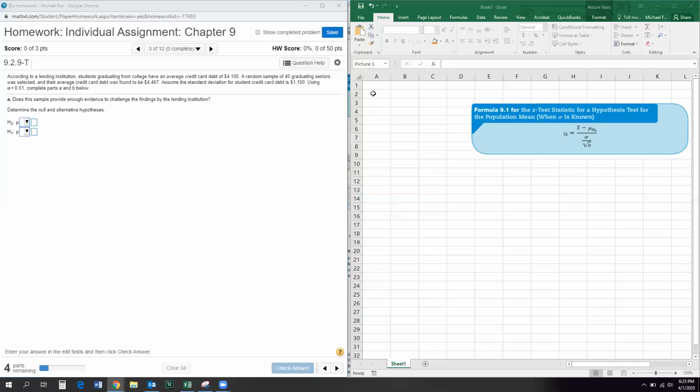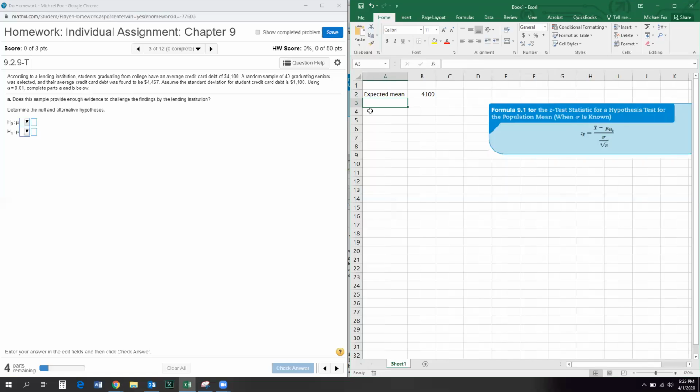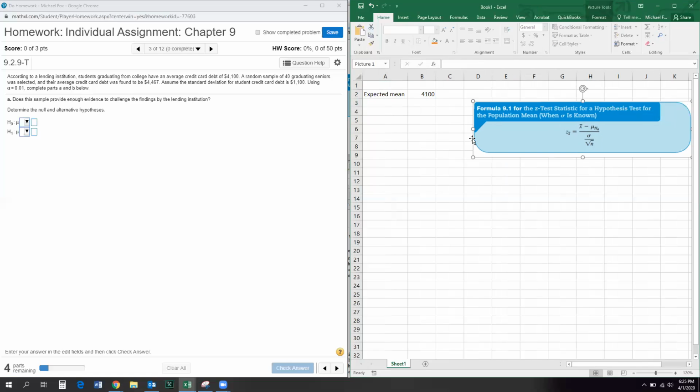So as always, let's just start with what we know. We know that the expected mean is $4,100, right? That's the claim, if you will. And we also know that n, or our sample size, is 40.